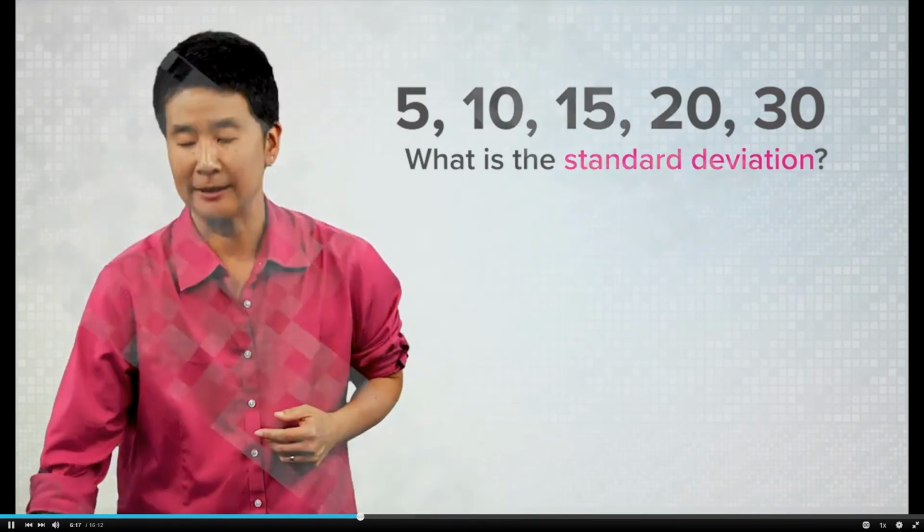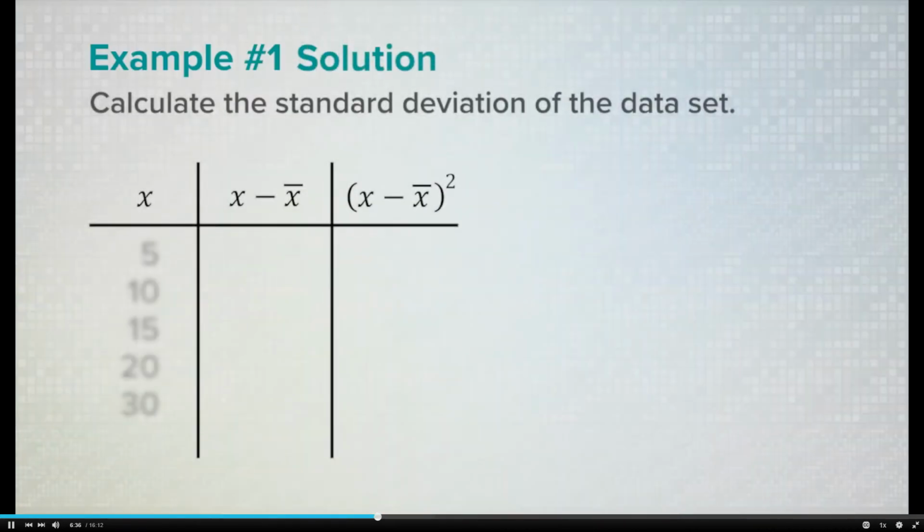Let's do this by hand. Most of the time you'll be using a calculator to do this, but I think it's important to do it a few times by hand to really understand what standard deviation means. The best way I found to do this is by making a chart. Our first column on our chart is our numbers and our data set. Standard deviation is the average distance from the mean.